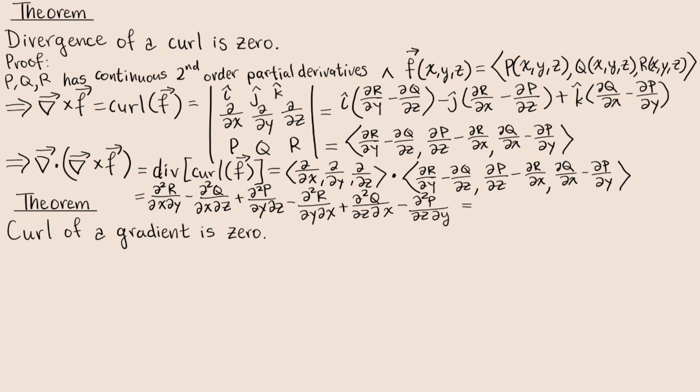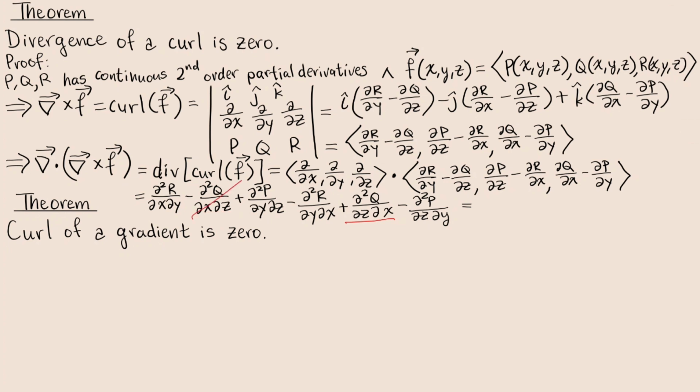And this is going to equal what? Notice right here that the reason why I added this part, that P, Q, and R have continuous second order partial derivatives, is so that we could have symmetry of the second order partial derivatives. Schwarz's theorem, right? And we have it where these two are the same: partial x partial z in the denominator, or partial z partial x in the denominator.